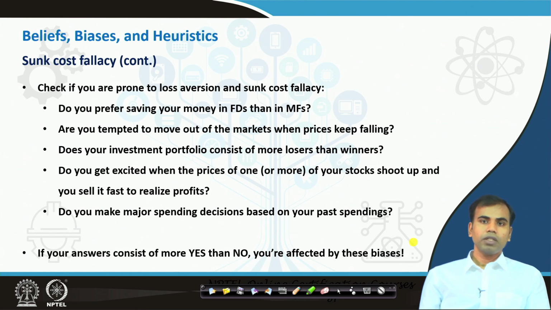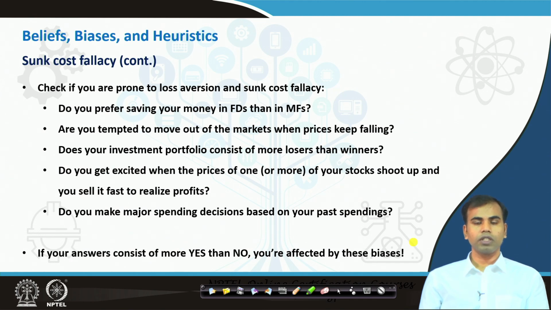Another question could be whether you make your major spending decisions based on prior experiences or prior spending decisions. If yes, then again you are suffering from sunk cost fallacy as well as loss aversion.